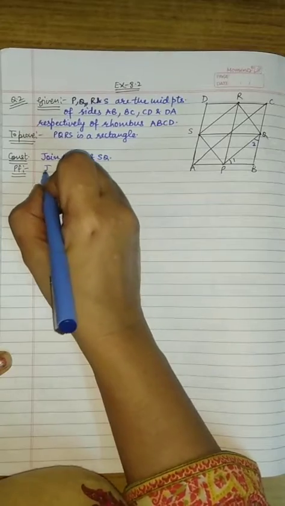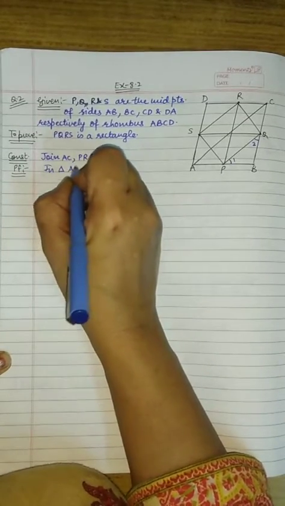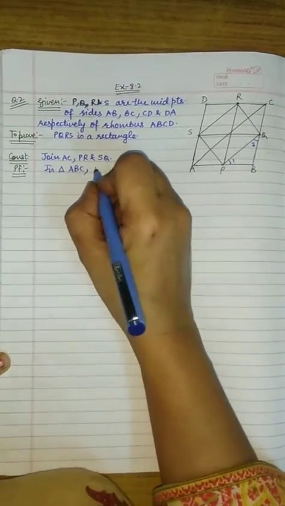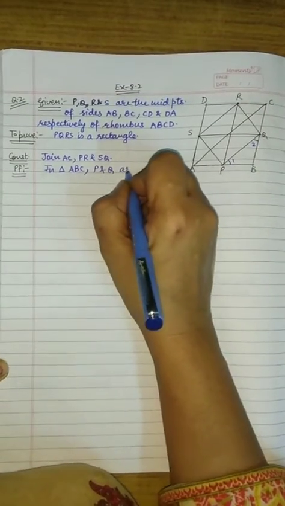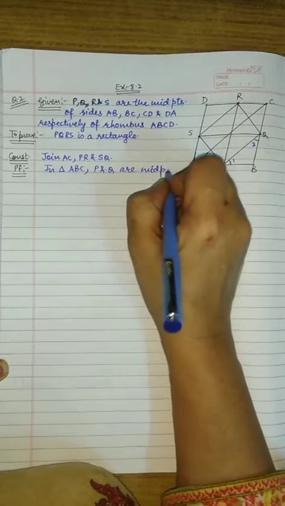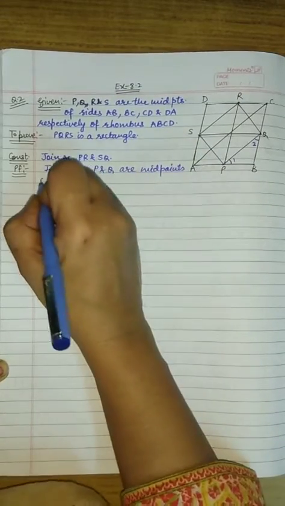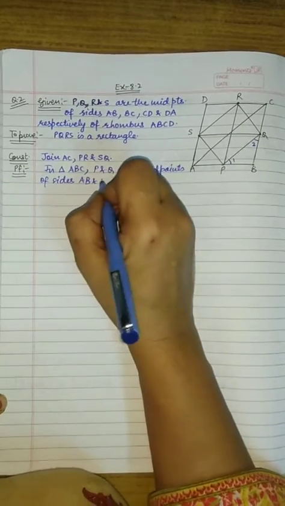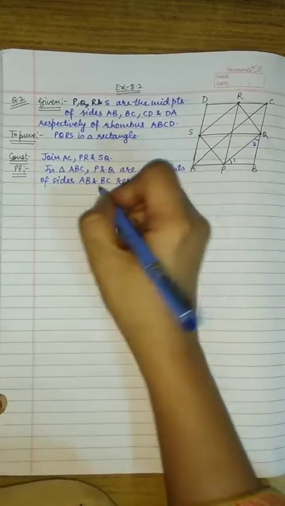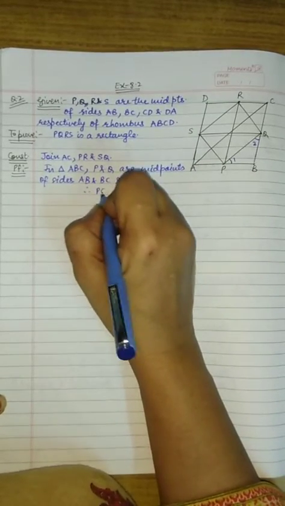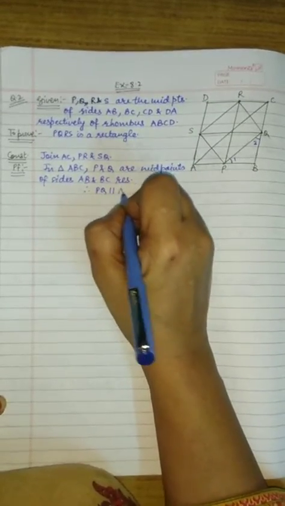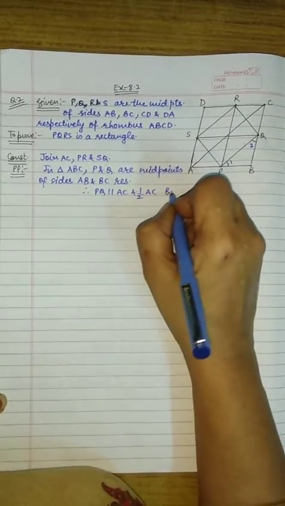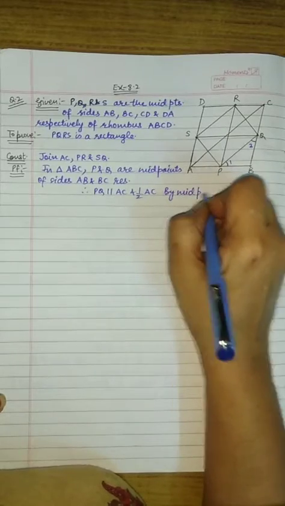So in triangle ABC, P and Q are midpoints of sides AB and BC respectively. Therefore, PQ is parallel to AC and half of AC by midpoint theorem.